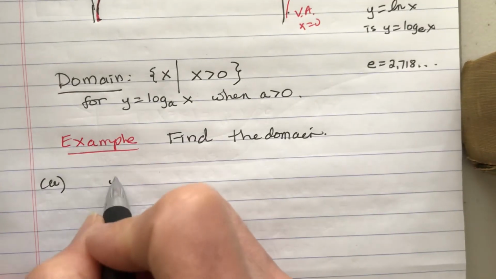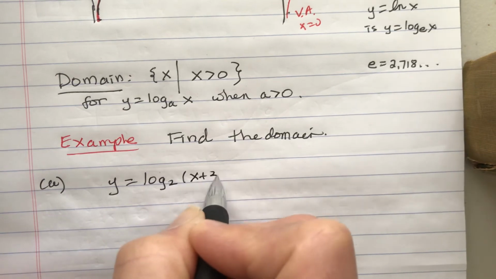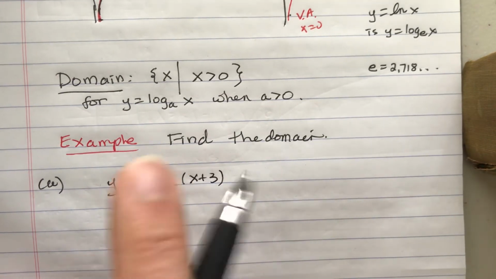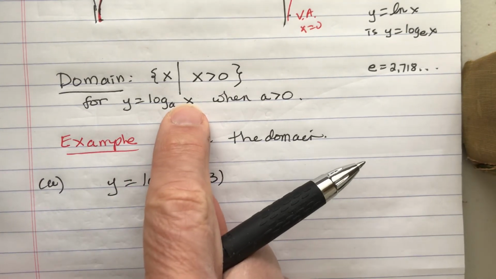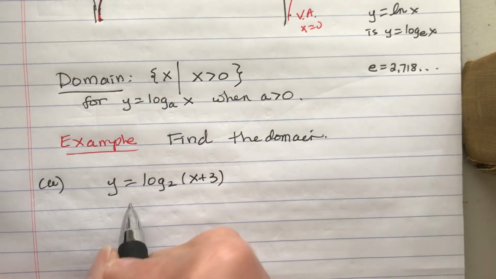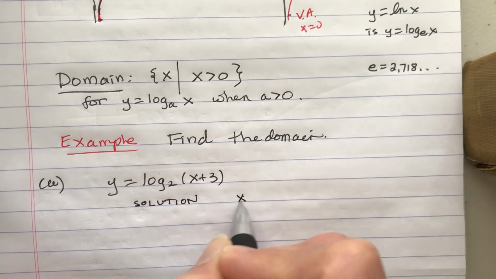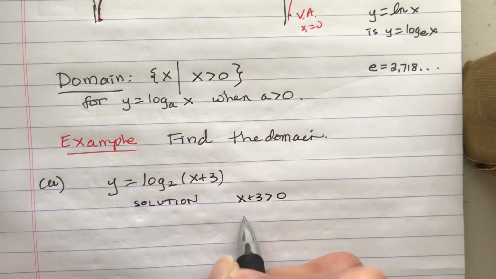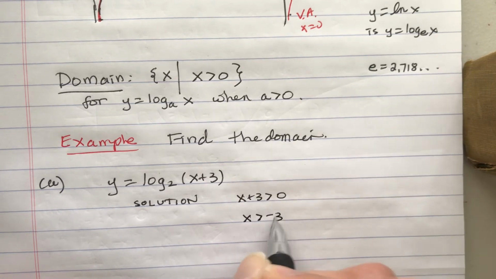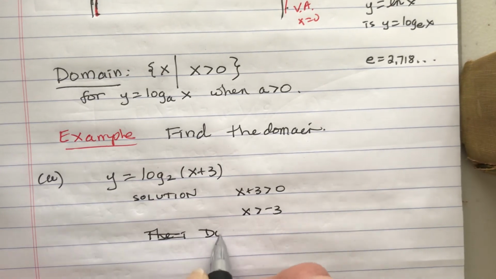So we can look at y equals log base 2 of x plus 3. So the domain of logarithm is whatever we put inside has to be greater than 0. So what's inside here is x plus 3. So x plus 3 has to be strictly greater than 0, or x is greater than negative 3. And I'll just write domain.